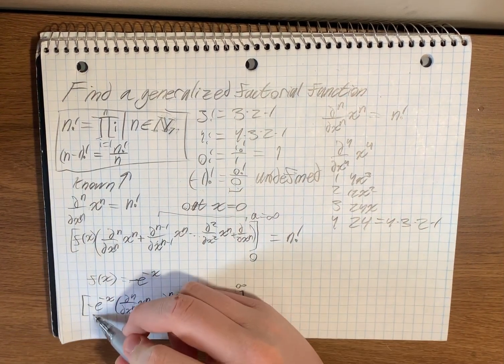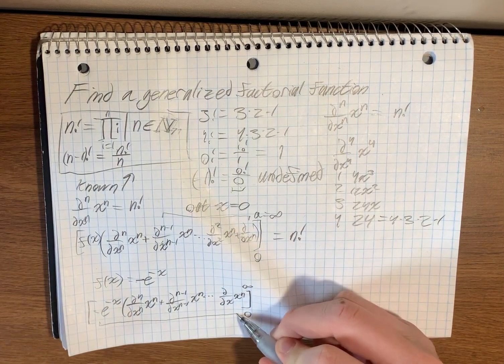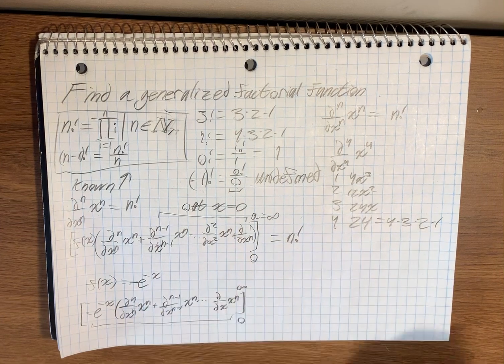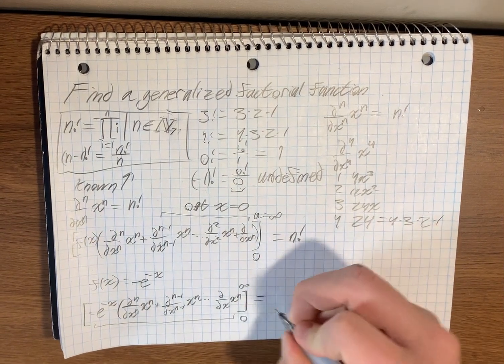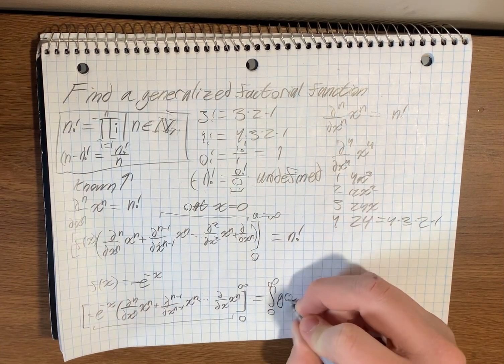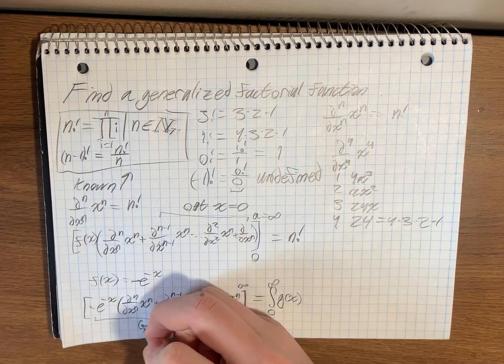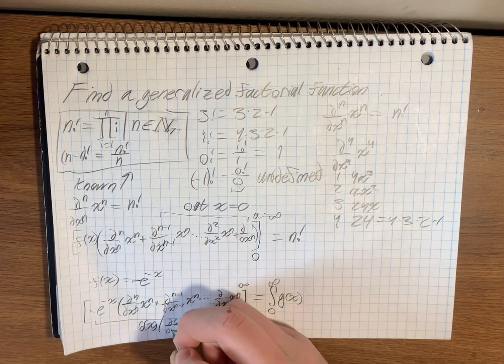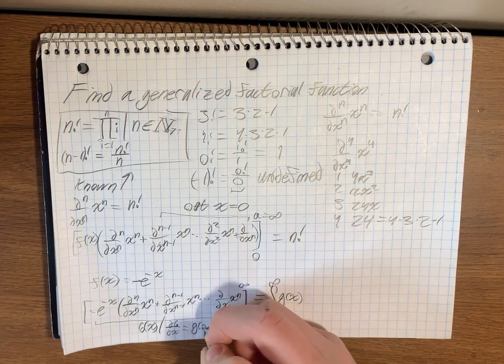Now we know that this is going to be the antiderivative of our function, right? If we're integrating this from 0 to infinity, g of x, this is going to be capital G of x, such that dG/dx equals g of x.